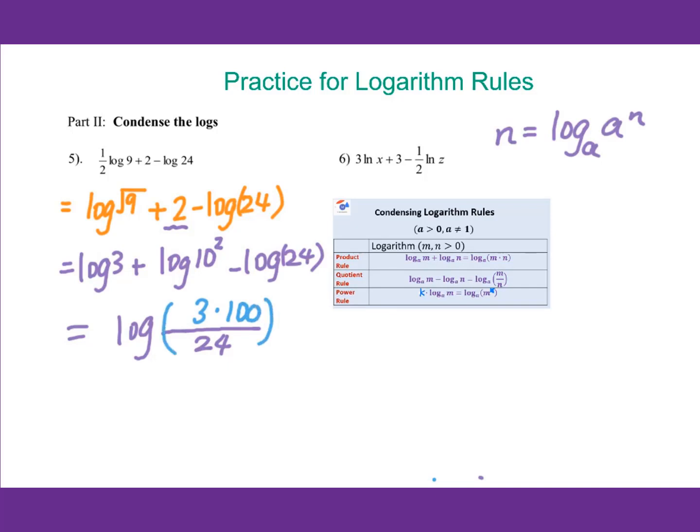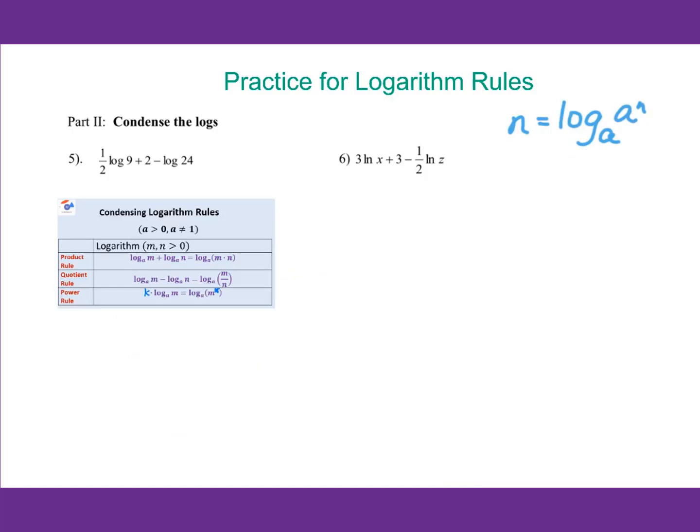Then we reduce: 100 over 24 reduces to 25 over 6... Therefore, we got common log of 25 over 2.